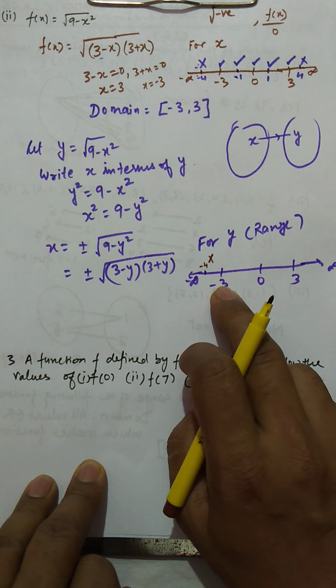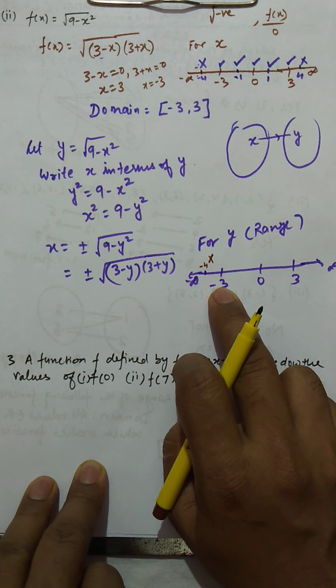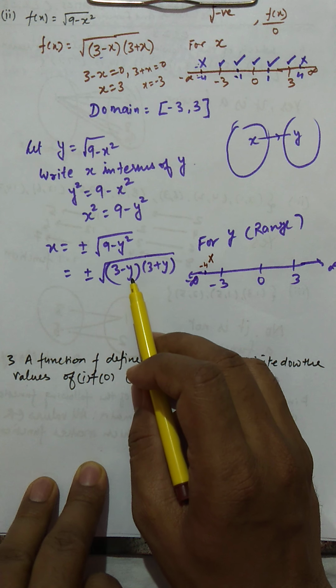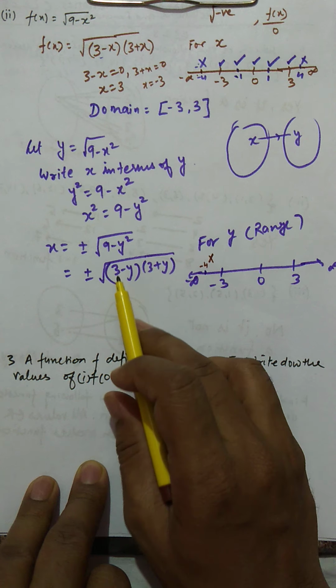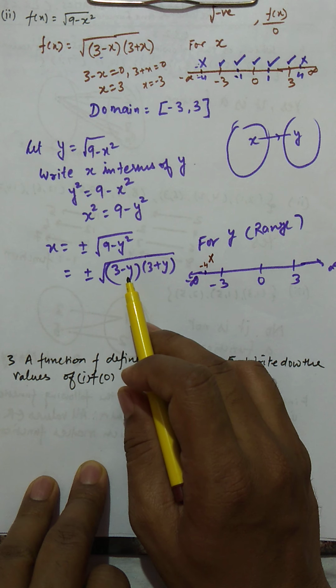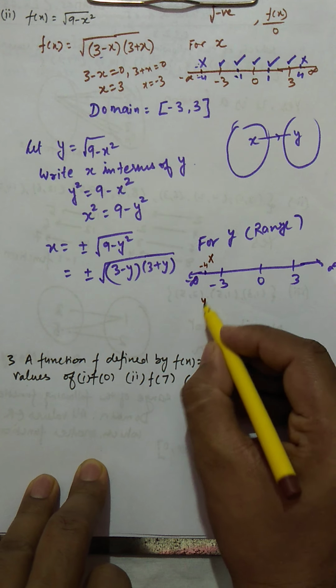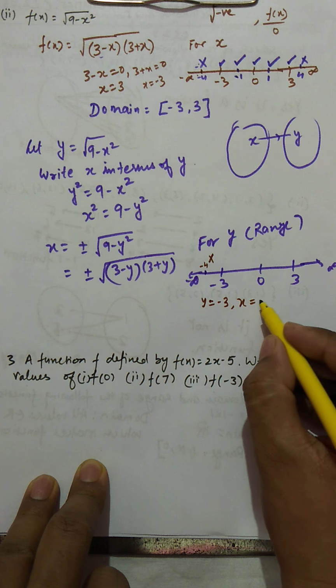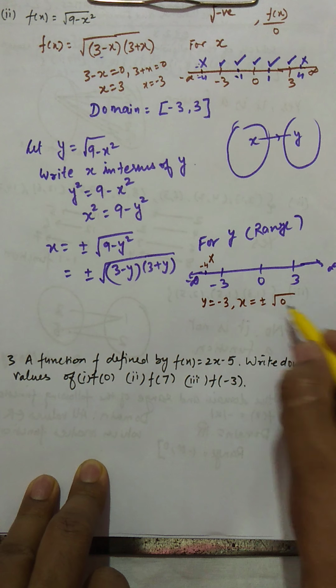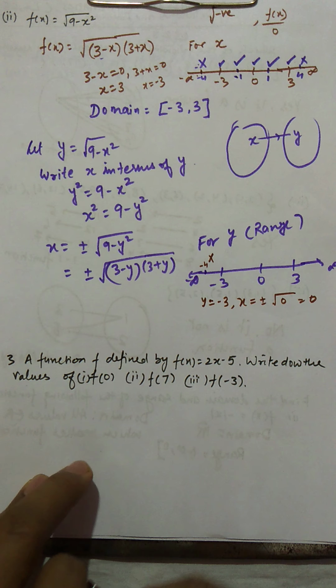So you have rejected. Now -3, you see, can -3 be taken? Okay, if I take -3, this becomes 6 and this becomes 0. So ultimately your answer is coming as 0. So I'm just writing here y equal to -3 and your x is coming equal to plus minus under root 0, so this is 0.